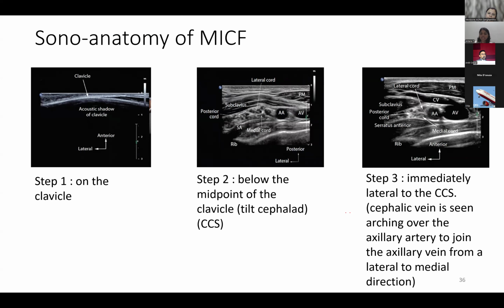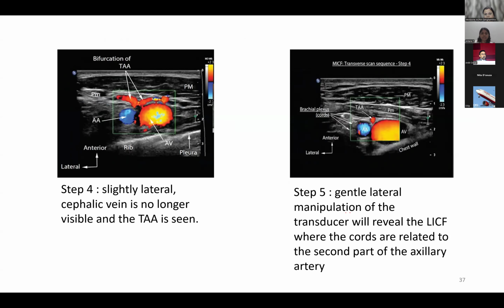We move further lateral to this, and we start seeing the cephalic vein arching over the axillary artery. It drains into the axillary vein in this scan. If we move further lateral to this, the cephalic vein disappears and we see the thoracoacromial artery. Further lateral, we start seeing the pectoralis minor and the lateral infraclavicular fossa.